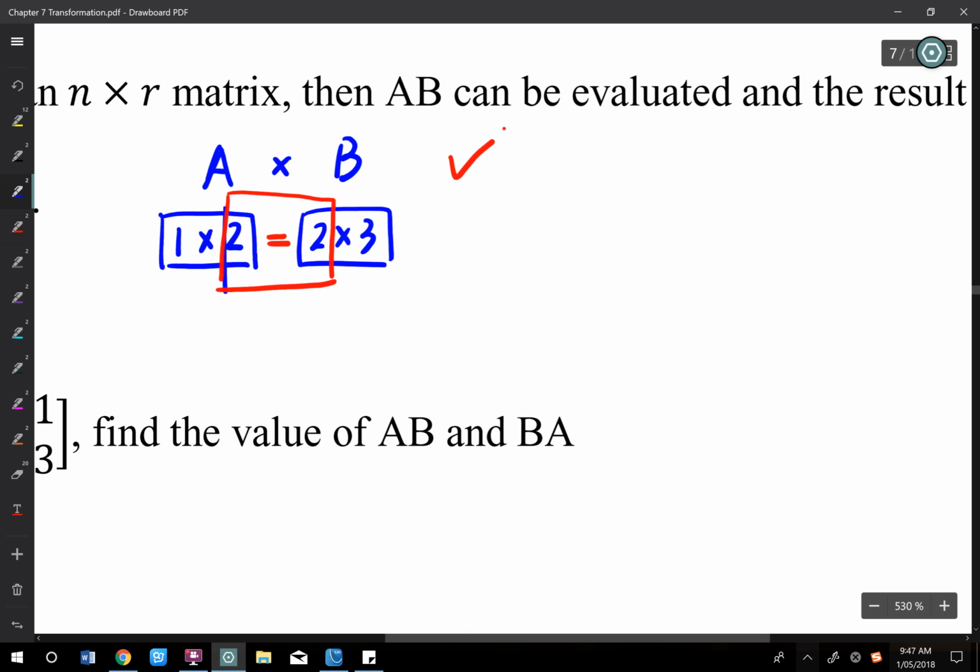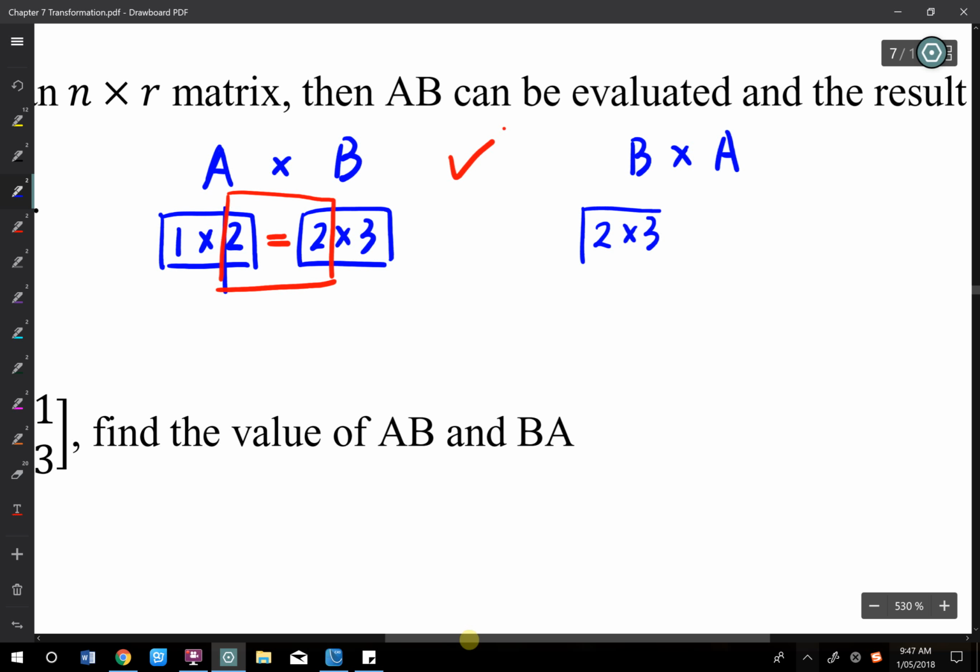I use the same example here, but now I use B times A. Again, the same thing. The dimension for B is row 2, column 3, so 2 times 3.